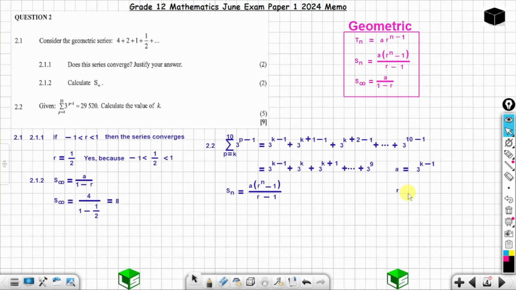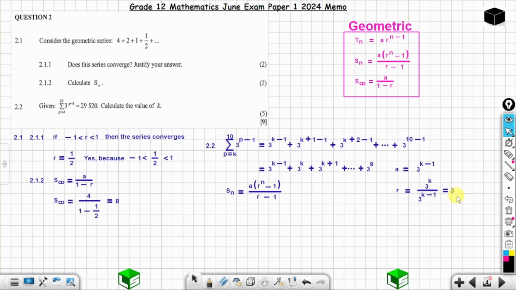So, the common ratio is equal to, I can use this, 3 to the power of k over the previous term, which is 3 to the power of k minus 1. Next term, divide by the previous term. You have division and the bases are the same, so you are going to use the laws of exponent.